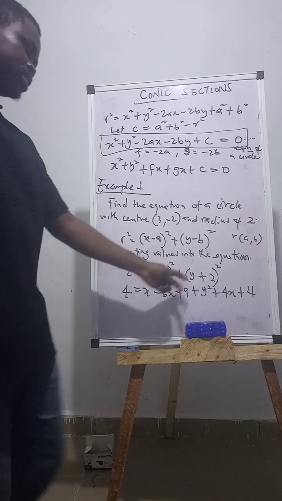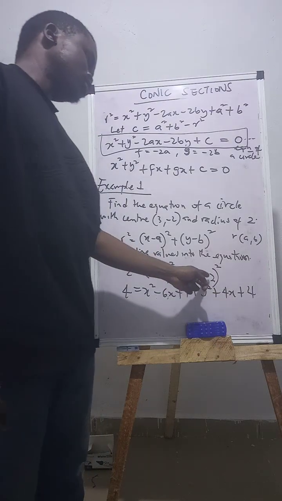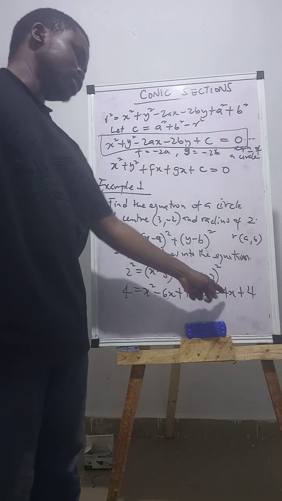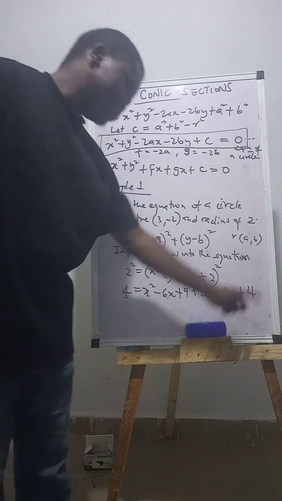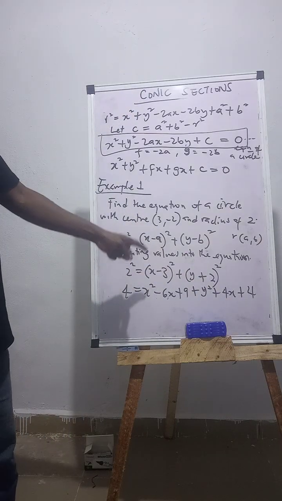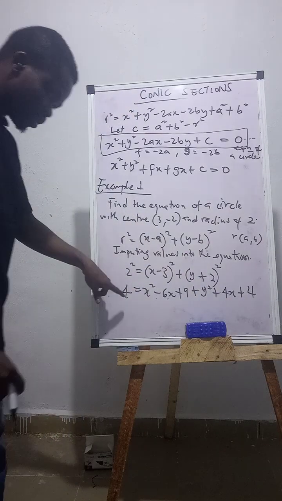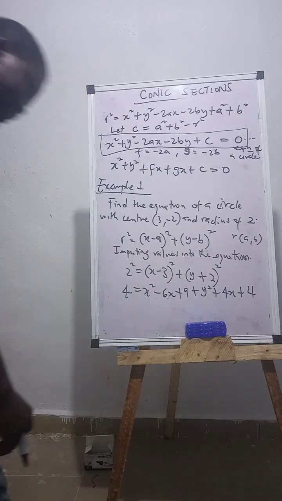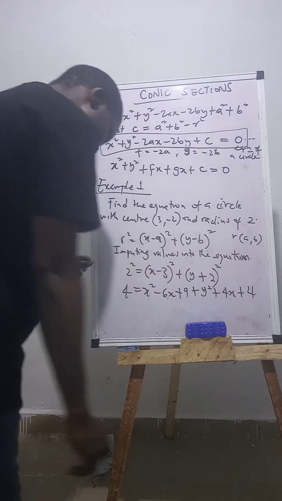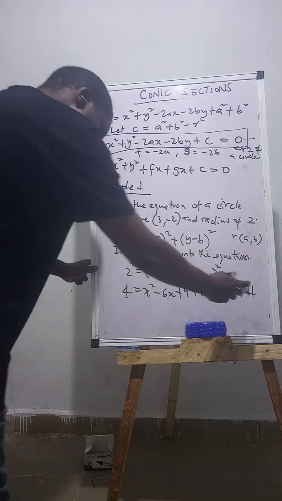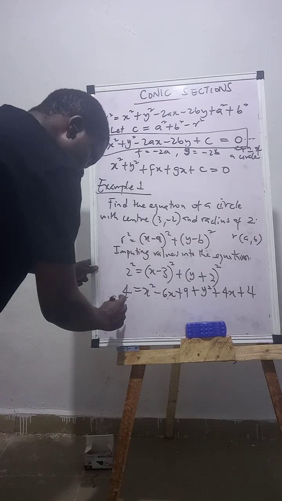We're expanding this. Remember, the addition of it, that's times 2 is 4, and y times 2 is 4. That's the half of it, because it was half before, multiplied by 2. So we have 4 outside and 4 inside, and then we have 9.